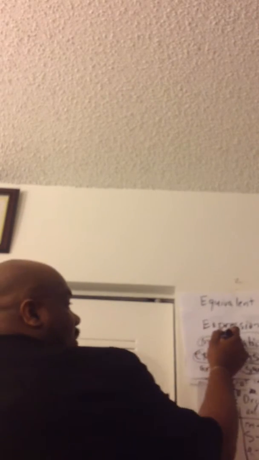Now, I would ask them, mathematical. What's the short word for mathematical? Which simply means math. So we would probably write down the short version, math. Then we'll talk about expressions. What are expressions? What do you think expressions are? If you think about smiling, smiling is an expression. Frowning is an expression.